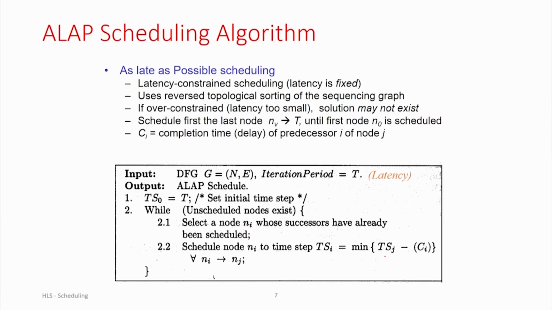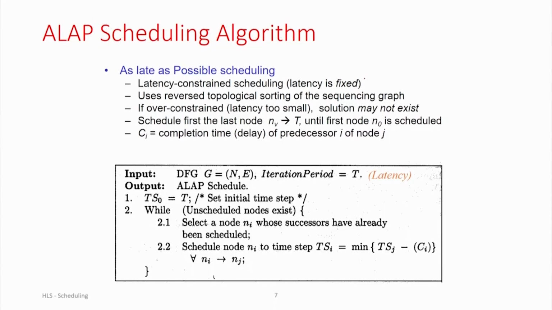Similarly, we have as late as possible, which is just the opposite version of the as soon as possible algorithm. Here we try to delay the operations as late as possible, right. So, here we are given a latency bound, that means I want to schedule this in say k time steps, or say 4 time steps, and check whether this is feasible or not. If the latency given is too small, then the solution may not be feasible, right.